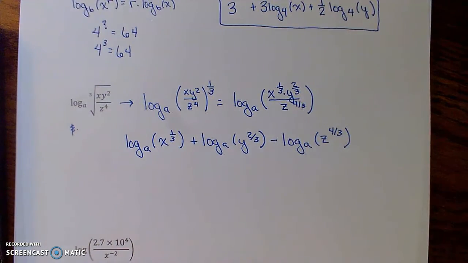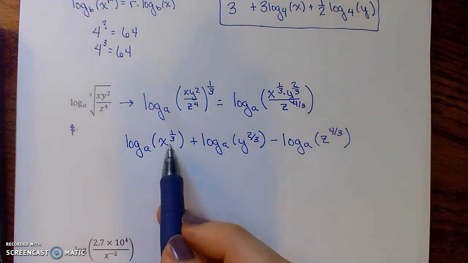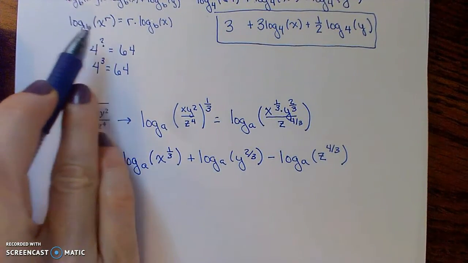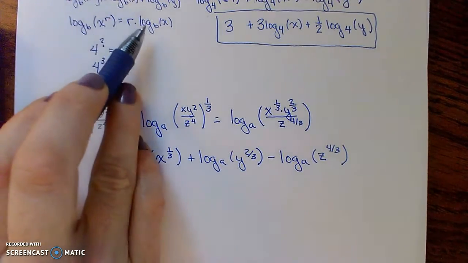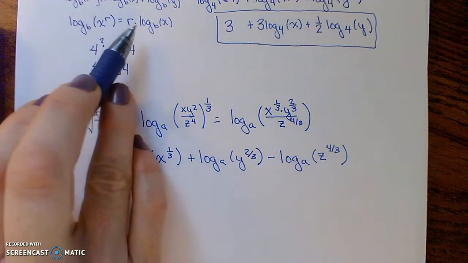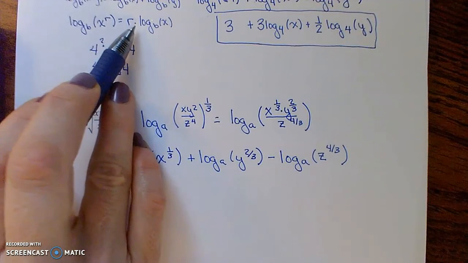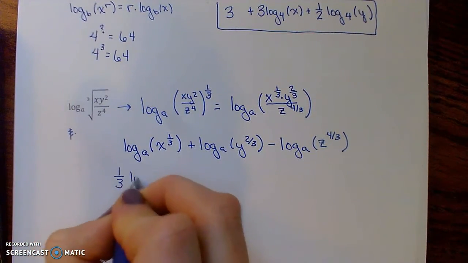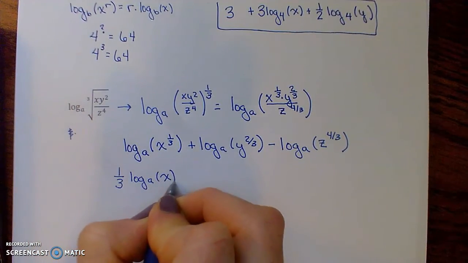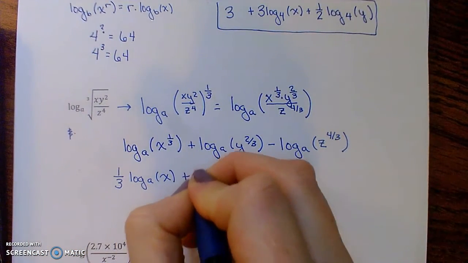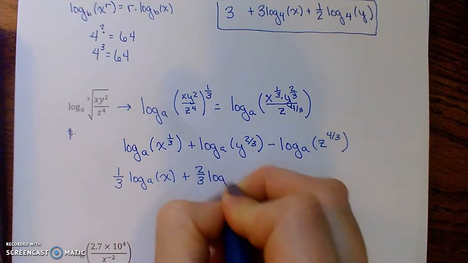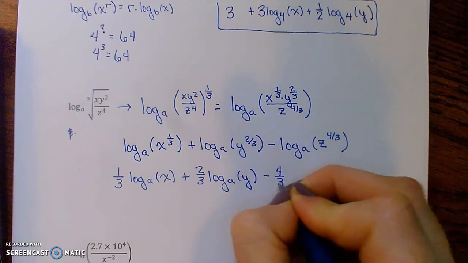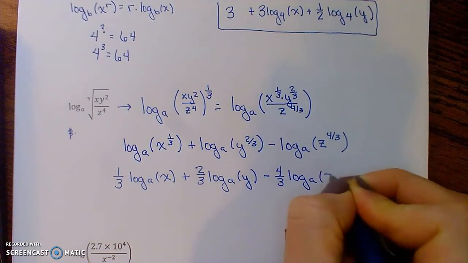And now what I can do is use that power property that says log of x to some power, you can drop the power out front by multiplying r times the log. So this will give me 1/3 times log base a of x plus 2/3 times log base a of y minus 4/3 log base a of z.